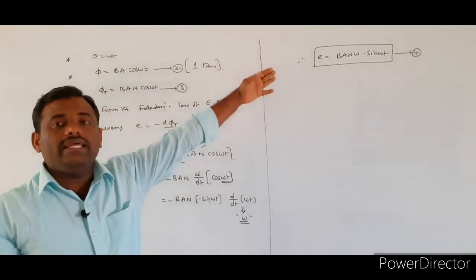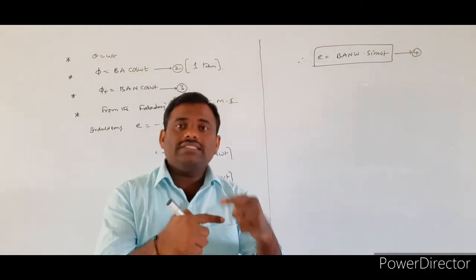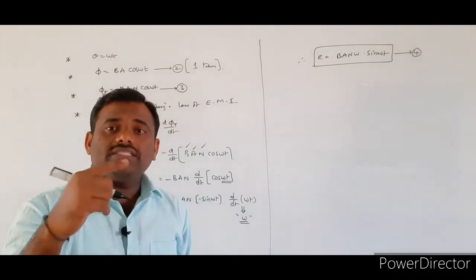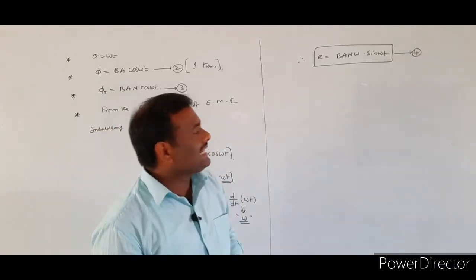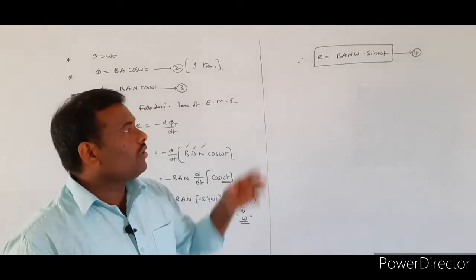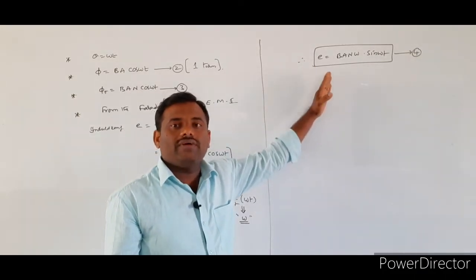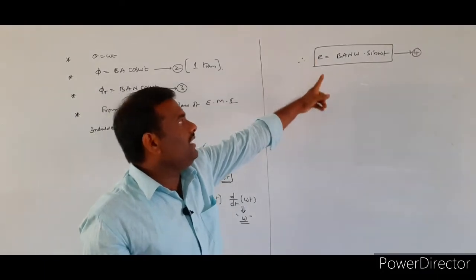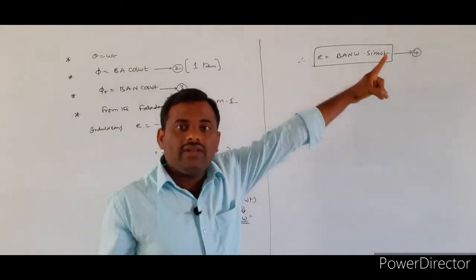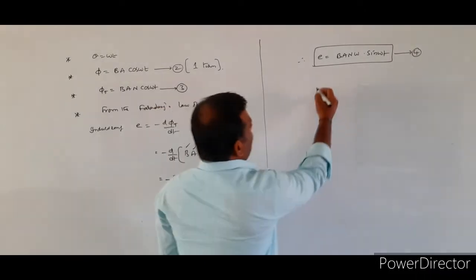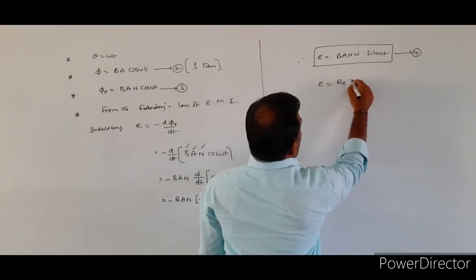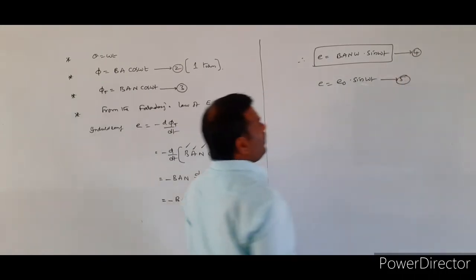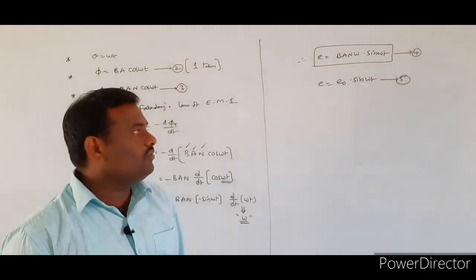What does the small e denote? Due to the change in orientation of the given rectangular current carrying coil, the amount of EMF developed within it will be given by E is equal to BAN omega sin omega t. So it can be written as E is equal to E naught sin omega t.